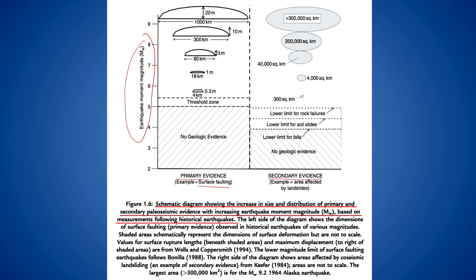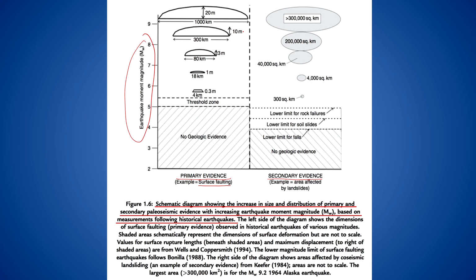So this part we will talk about after the plate tectonics lecture, where we will talk about the primary signatures and the secondary signatures, and how we do that. So the primary evidence we usually call surface ruptures, okay. So surface faulting depends on the magnitude.